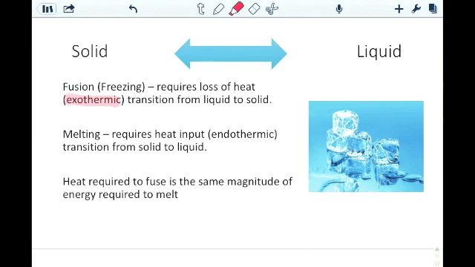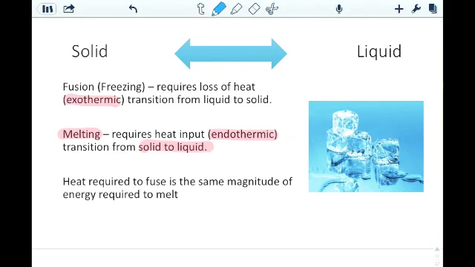Exothermic just means that heat is being let go from the system into the surroundings. Then we have melting, which requires heat input. It's endothermic, and it's the transition from a solid to a liquid. The heat required to fuse is the same magnitude of energy required to melt.